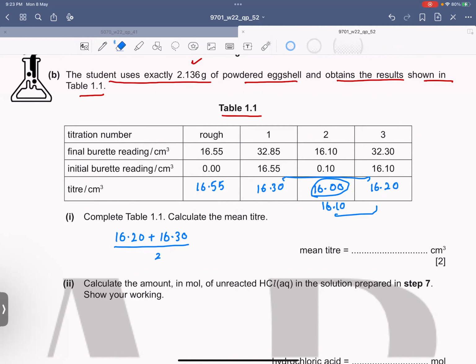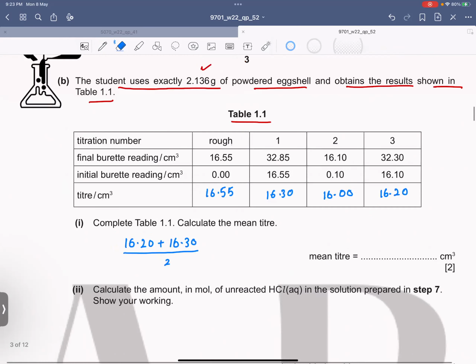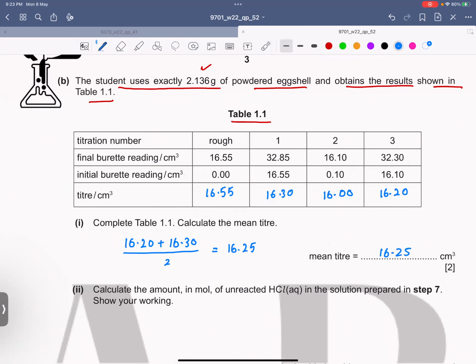That's why we take all three values to find the mean titer, the average volume of the titration. Now, here, what you are going to get is 16.25, and the mean titer would be 16.25. Okay. Is this clear to everyone?